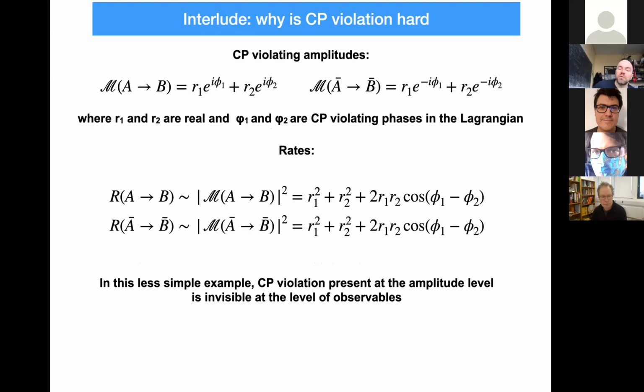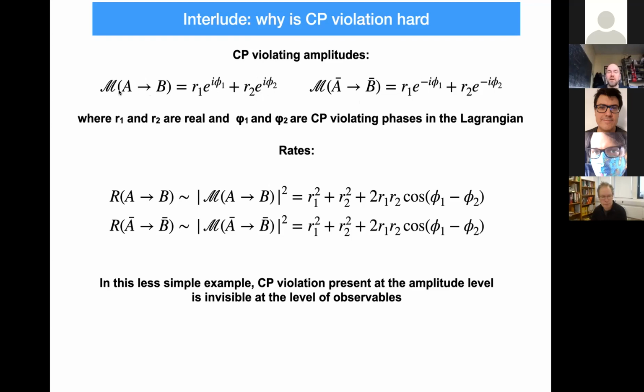So you know what we should do, because CP violation requires an interference. There have to be actually two contributions to the process with different phases and with different CP violating phases, and then we have a chance to see a CP violation in the rates.